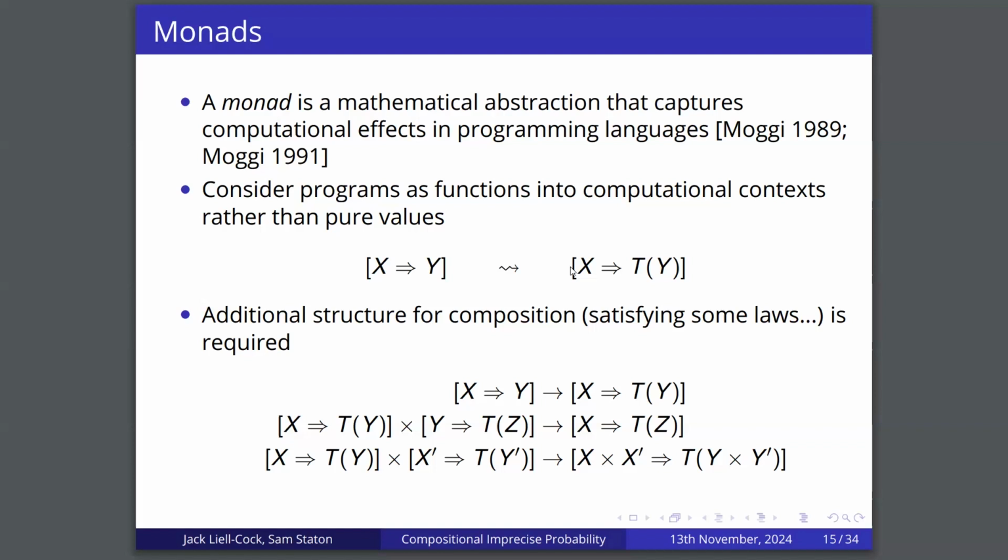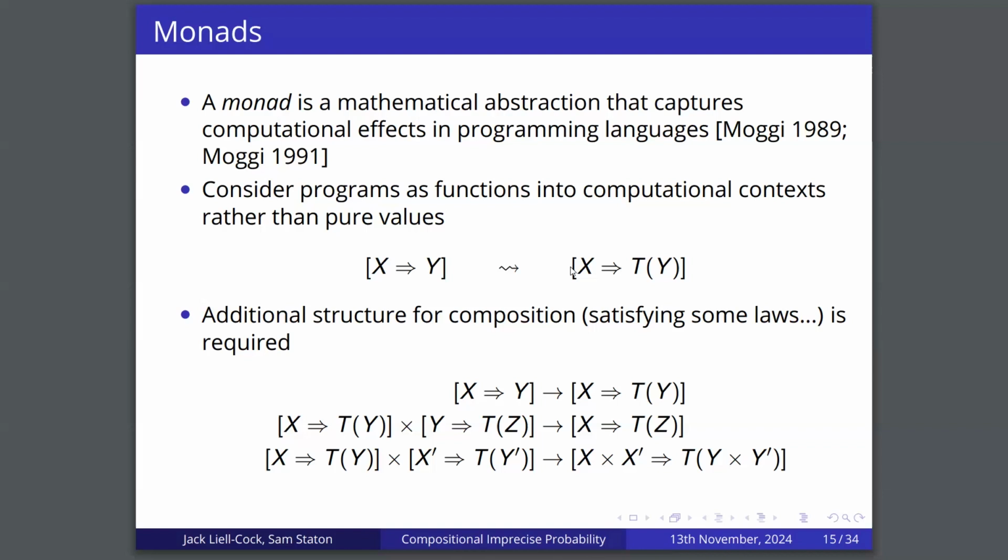Rather than just returning a pure value y, we return a value in a computational context, which we call Ty. T here is what we call the monad. So instead of looking at programs x to y, we look at programs x to Ty. You can think of T as some data constructor, like a list or a set, or a maybe monad for those who've done a bit of functional programming.